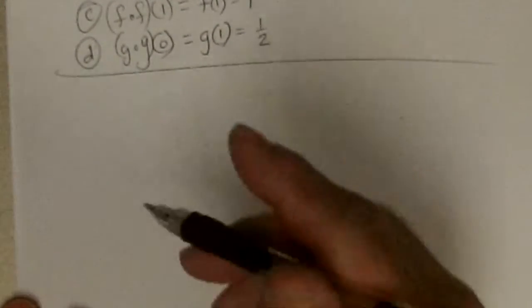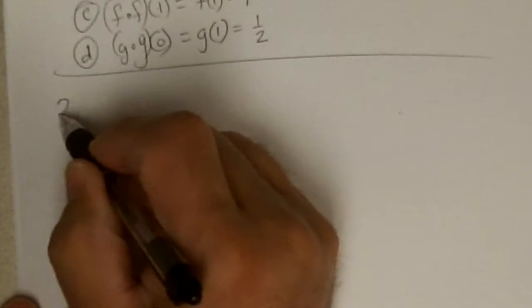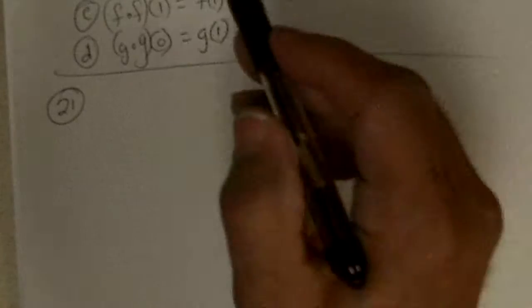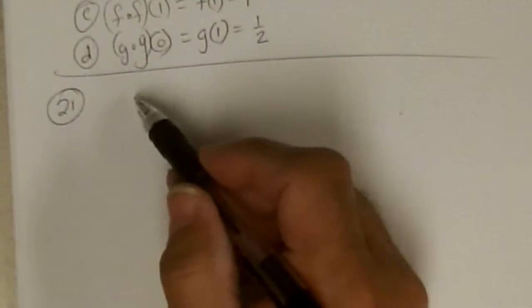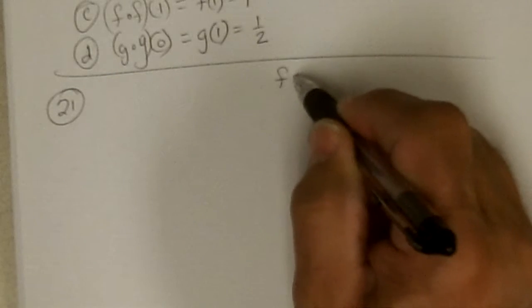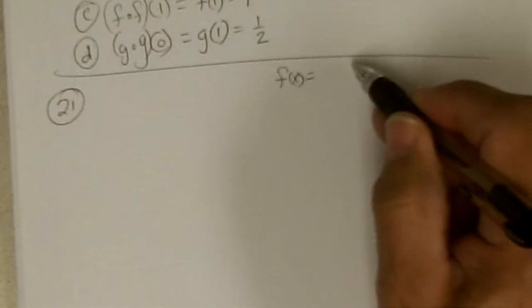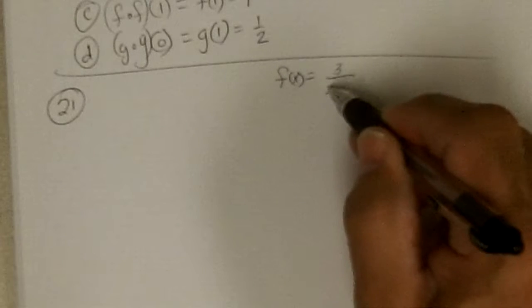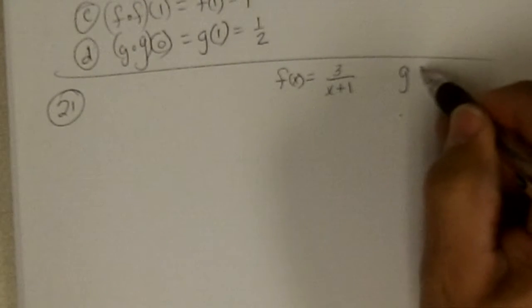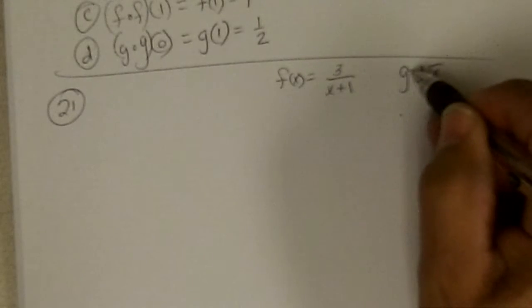Move this up here, make sure it's on your page. 21. We're supposed to do the same things here for 21. F is now 3 over x plus 1, and g is the cube root of x.